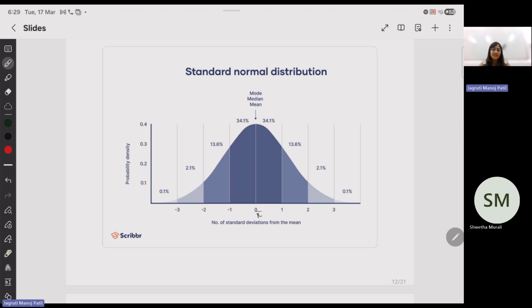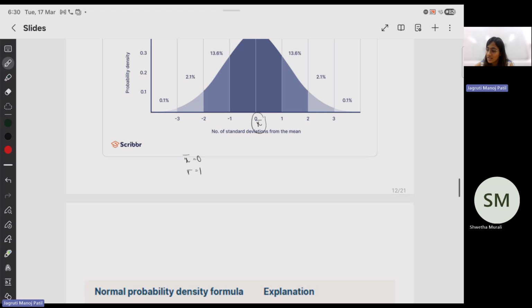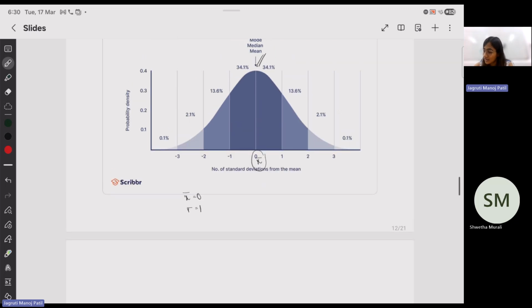A standard normal distribution has zero mean and a standard deviation of 1. So this is the standard normal distribution that you're looking at. What all of these numbers represent and why it is -1, -2, -3, I'll tell you when we look at it.